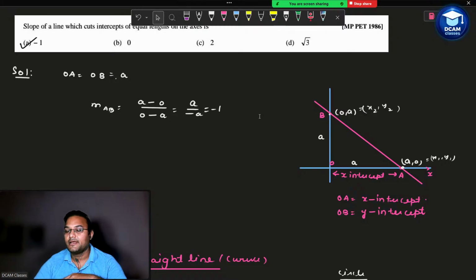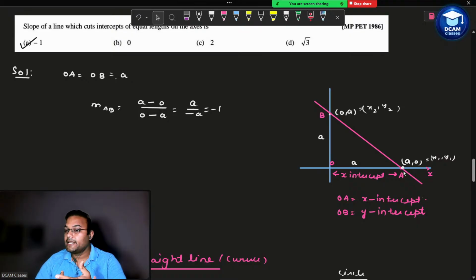Correct. Very good. See, Venkatesh, here in this diagram you are able to see, na? Yes, sir. This pink one is a line. These are your axes, x-axis and y-axis. When this line cuts the x-axis, where it cuts the x-axis is known as the x-intercept.